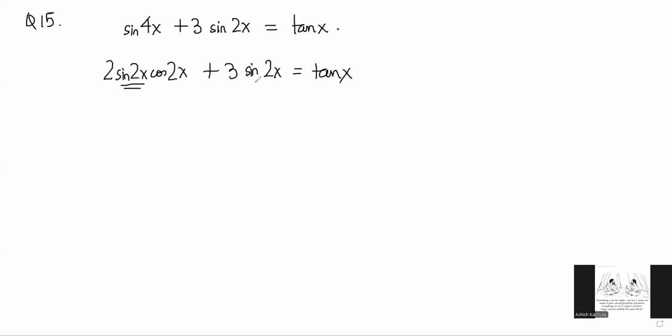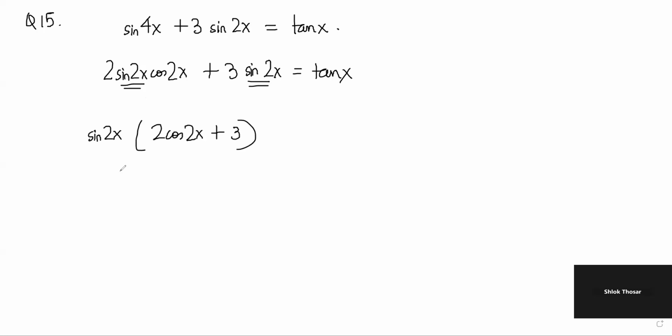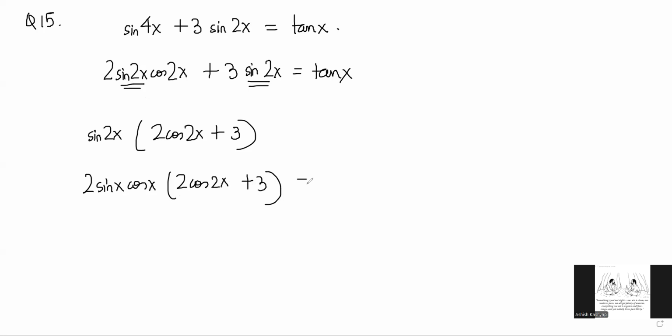Why are you not taking sine 2x common first? Then, sir, writing sin x by cos x as tan x and cancelling sin x, considering sin x can be equal to 0 for x equal to n pi.